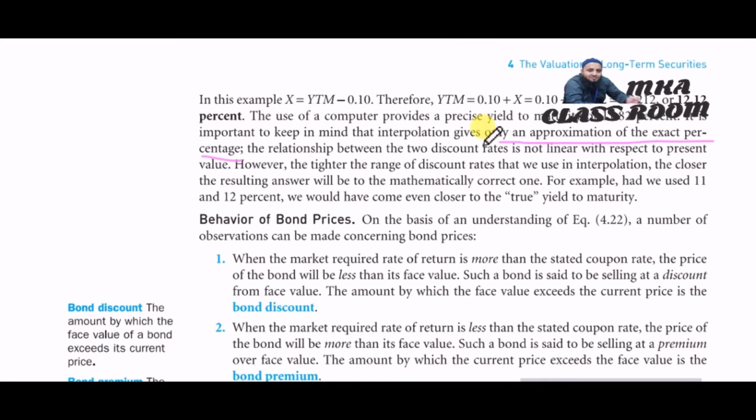Remember that this YTM is an approximation of the exact percentage. Keep in mind that interpolation gives only an approximation of the exact percentage, not an exact result.